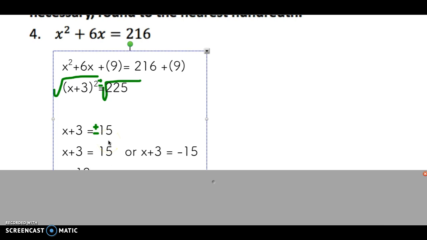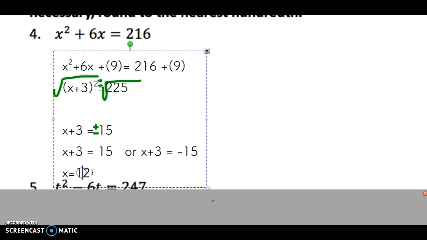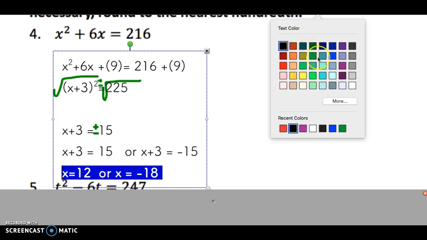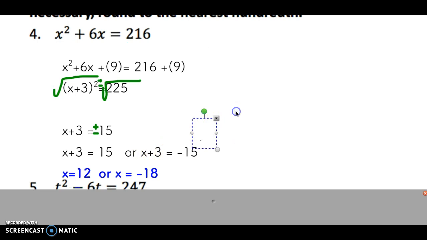Or x is equal to, negative 15 minus 3 is going to be negative 18. And this is my solution. So that's all it is. You solved an equation using completing the square.